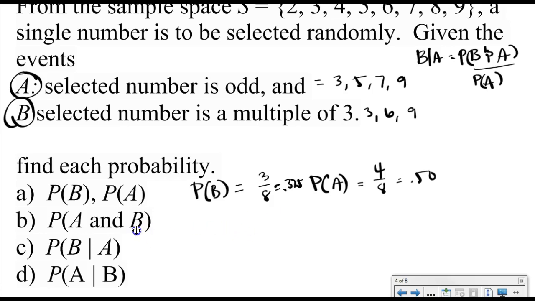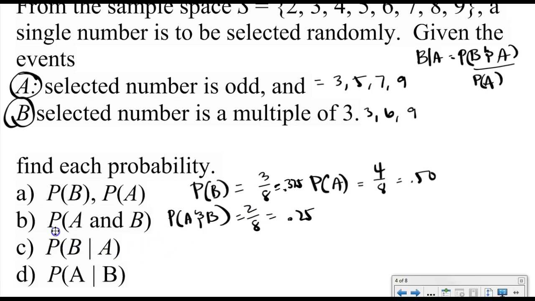The probability of A and B, what is the chance of it being odd and a multiple of 3? Well, there are 2 of those, so 2 over 8, which is also 0.25.